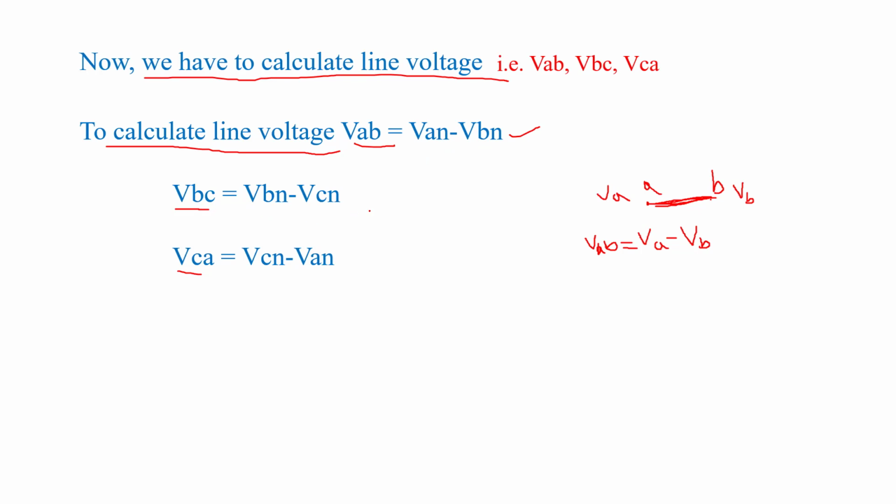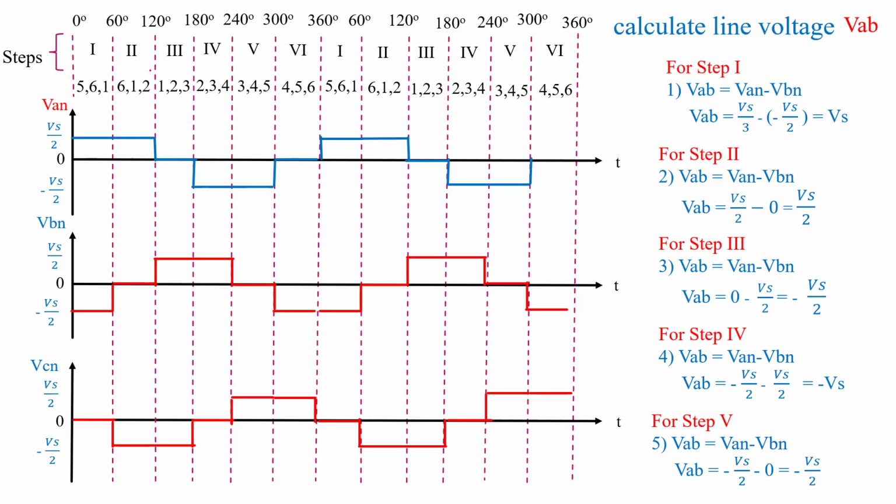VBC is calculated with the formula VBN minus VCN, and VCA is calculated from the formula VCN minus VAN. And these VAN, VBN and VCN are the phase voltages. So we can say that we calculate line voltage with the help of phase voltage. Here again, step by step, we analyze the phase voltages and calculate the line voltage.